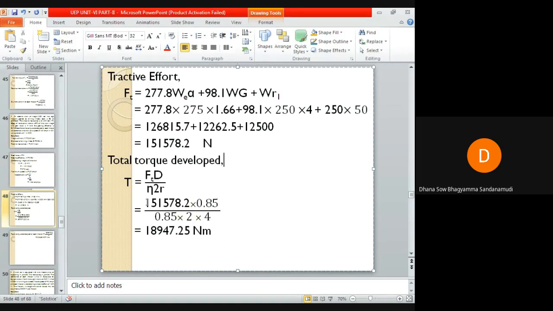Now you just substitute all the values in this and you will get the total torque developed by the train. You complete it.